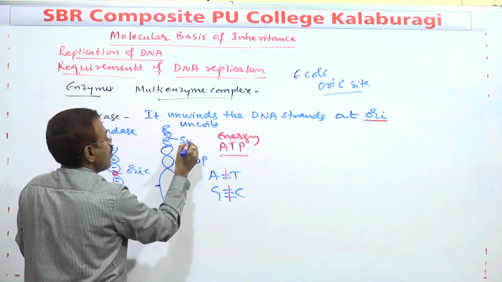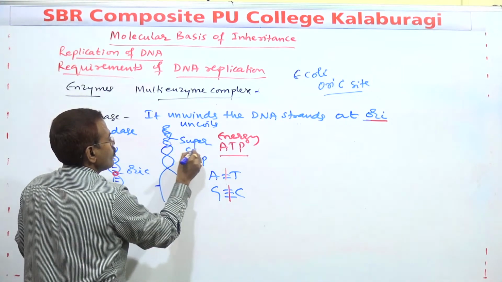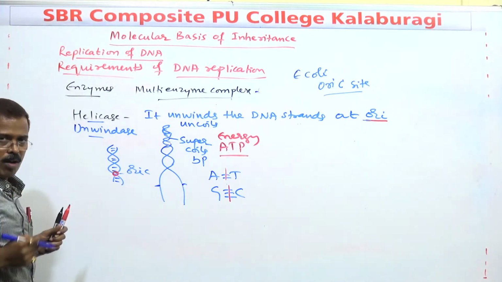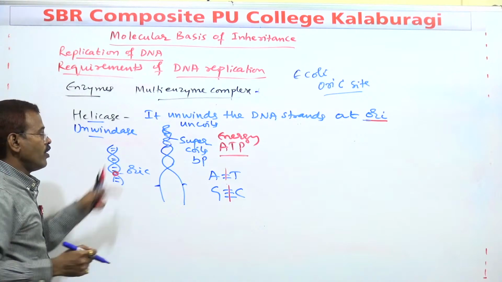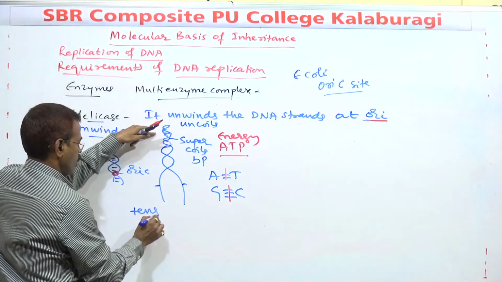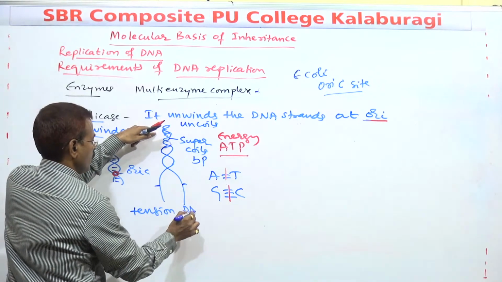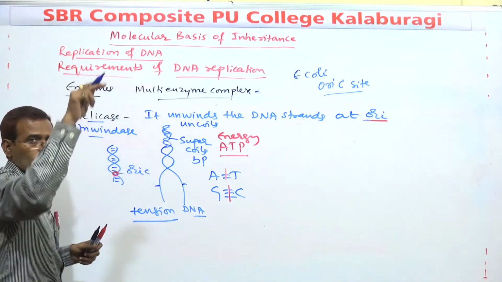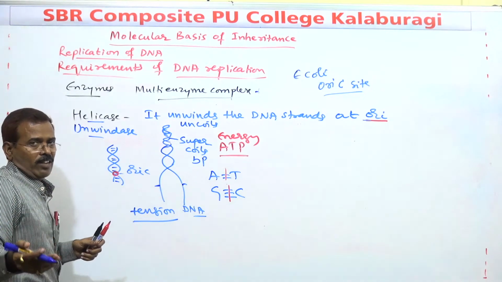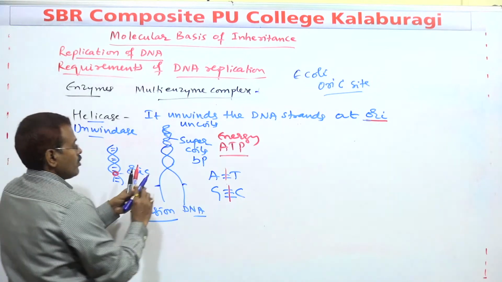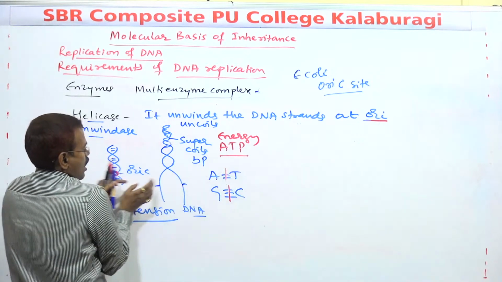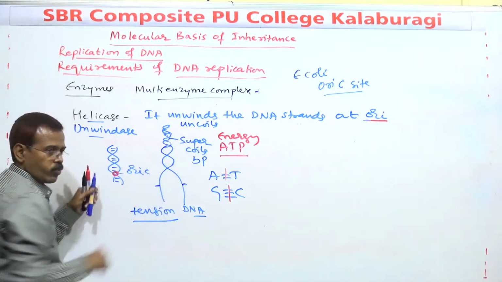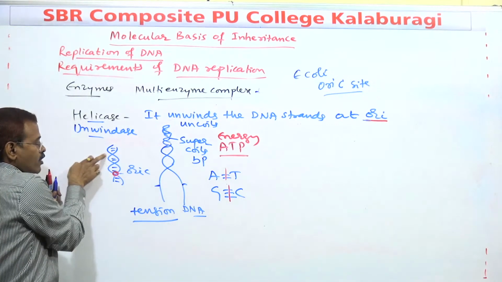This can form supercoils, more coils and turns, which can exert tension or pressure on the DNA strand. Because of unwinding from the ori site, more supercoils are formed at the opposite end.